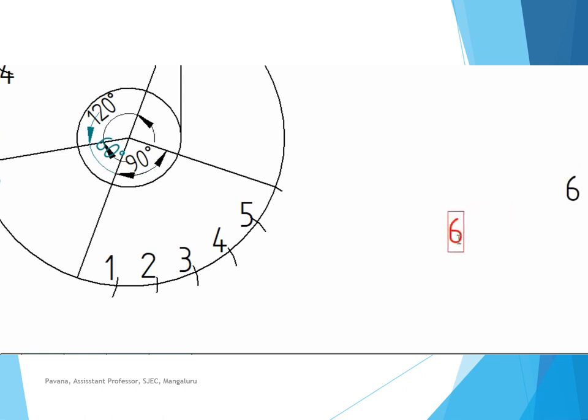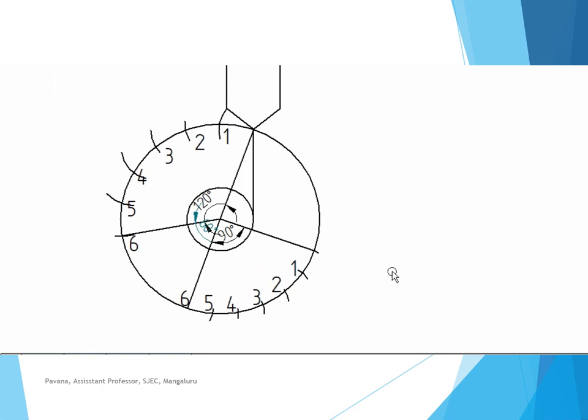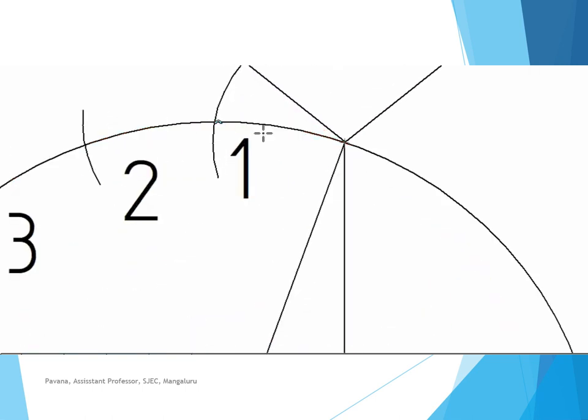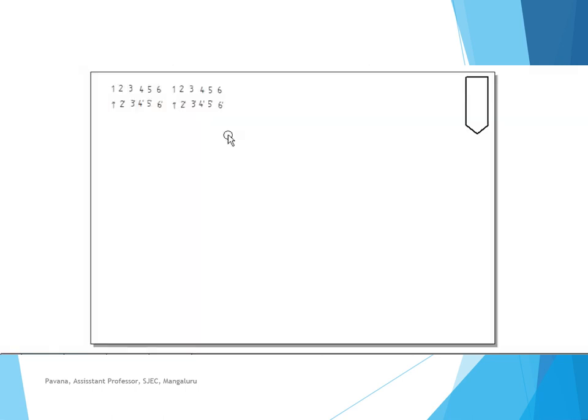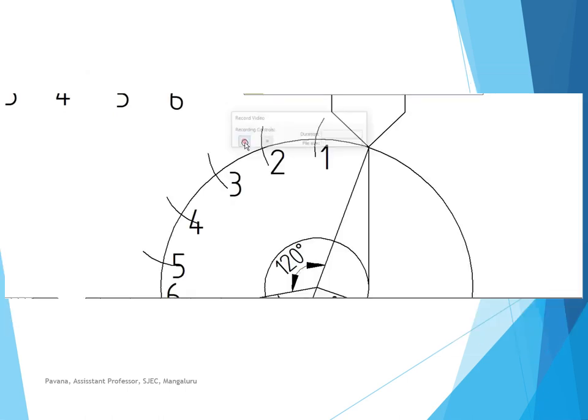Okay, next, from all these six points, you have to draw a tangent to the offset circle. Like from this point, so from the points what you have marked on the circumference, from all these points, you have to draw a tangent line to the offset circle.